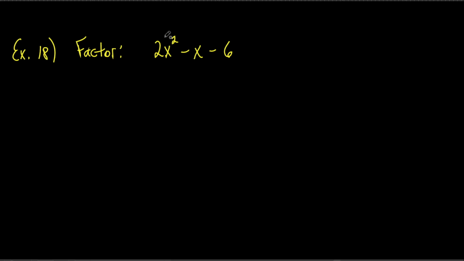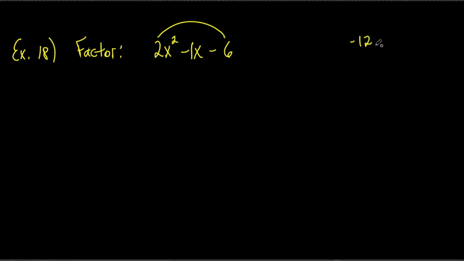So what we want to do is this. I want to first multiply these 2 numbers together and take into consideration the sign as well. So it's 2 times negative 6. So what's 2 times negative 6? Well, it's negative 12. So what I want to do is, and let's look for our middle coefficient. It's a 1. It really wasn't written there, but if it's just negative x, you know the coefficient is 1.